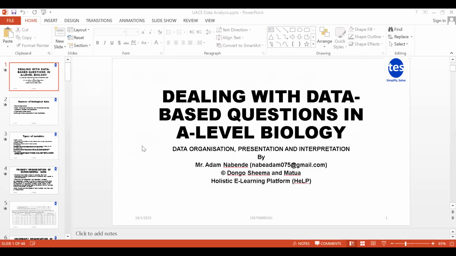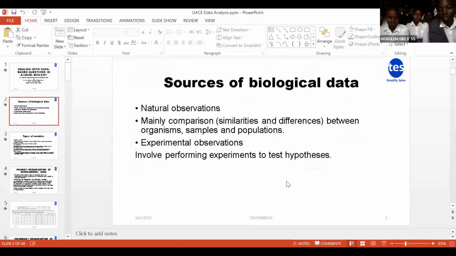I think it's right for us to briefly go through this description of how to analyze the data, to answer Morlem-Gau's question.